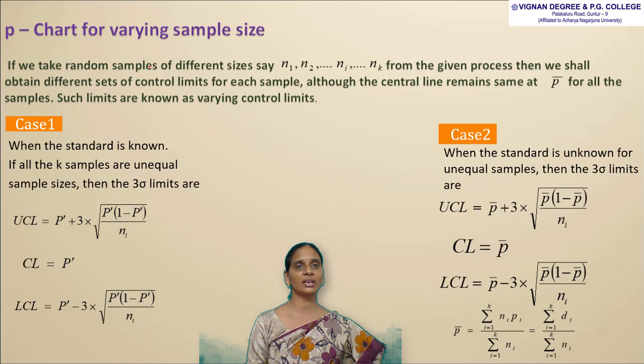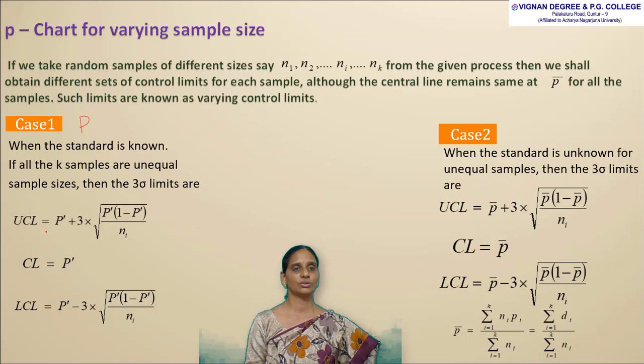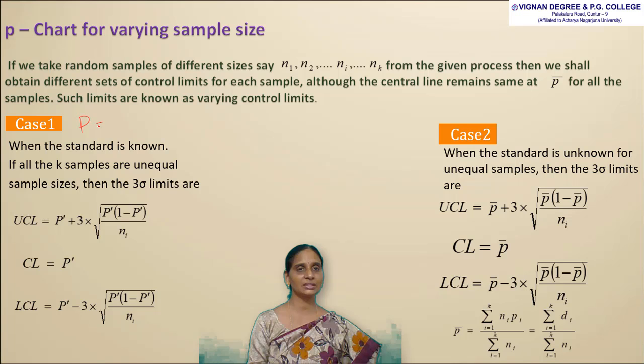In these varying control limits, case 1 is when the standard is a known value, that means the standard of P chart, capital P, is known. Then we write the 3 sigma control limits for P chart. The known value of capital P we denote as P dash, so you substitute P dash in these limits.